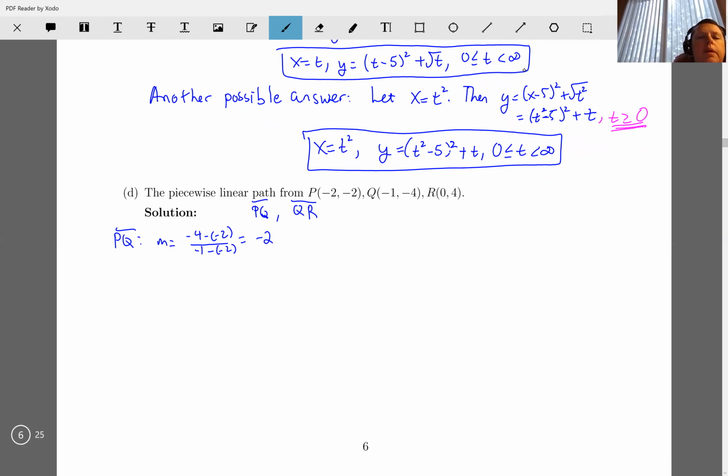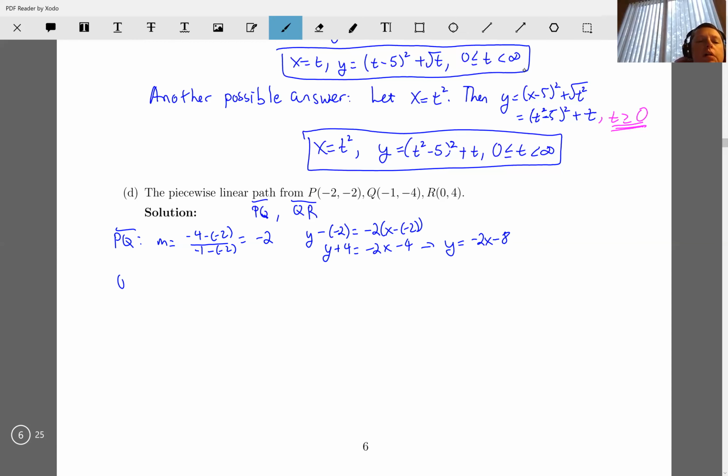And I get y minus y1, so let's say -2, is m times x minus x1. So I get y plus 4 is -2x, 2 minuses make it -4. Let me just double check that. So that gives me y is equal to -2x minus 8.